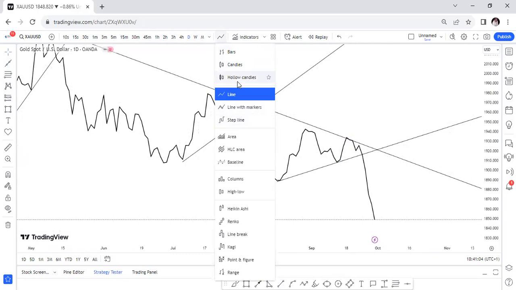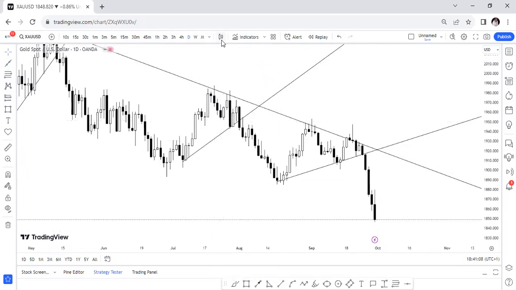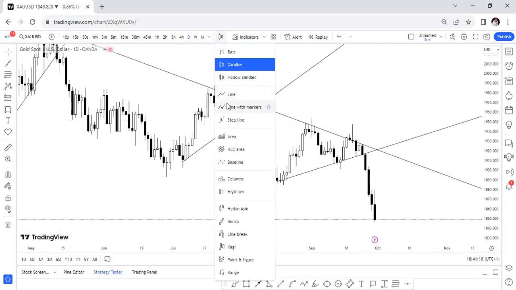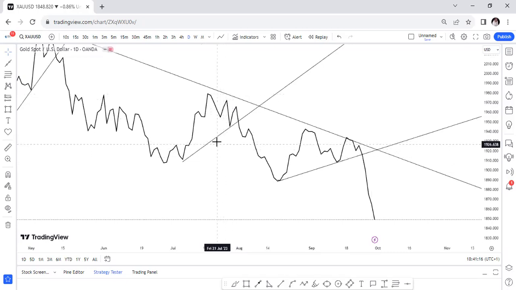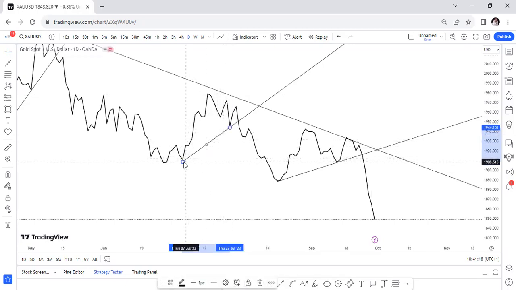Then about the distance, if you look very well, you will see that they have the same range. The distance between the first, second and third are the same.